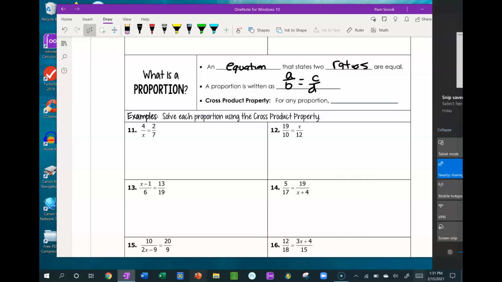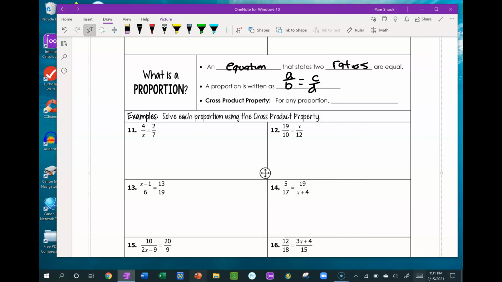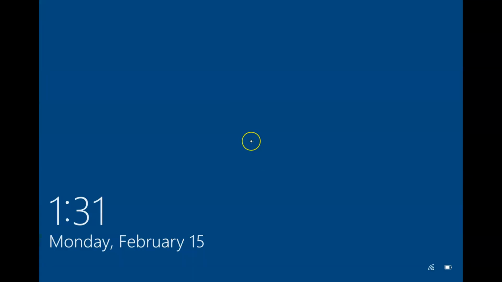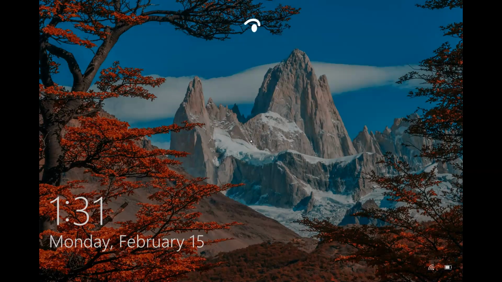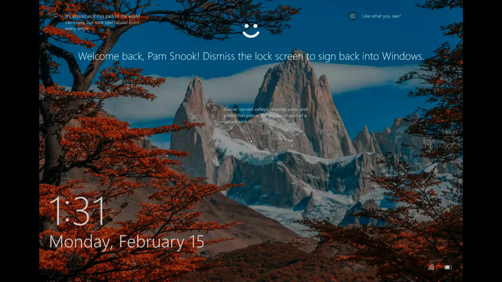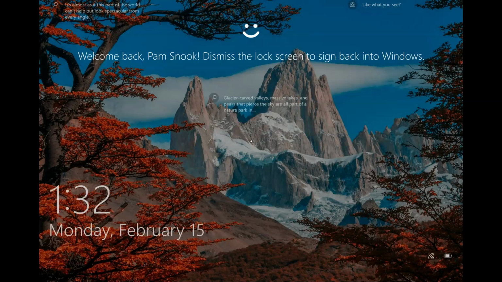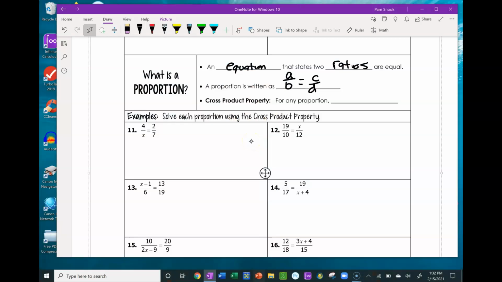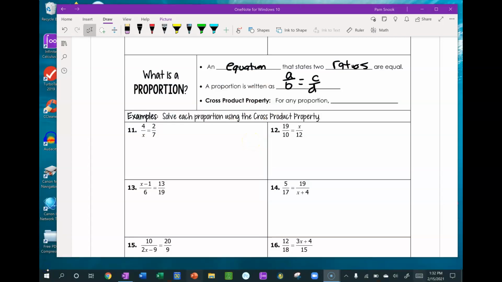Now the way to solve a proportion is to use what's called the cross product property. So what you're going to do is multiply bottom times top.